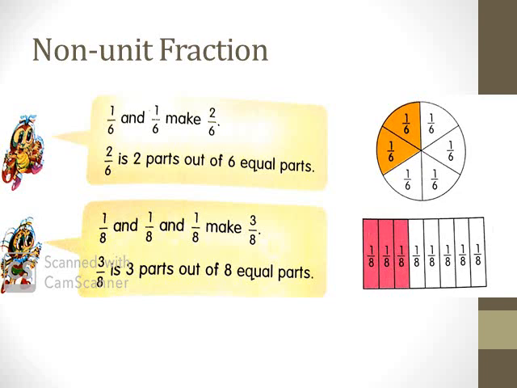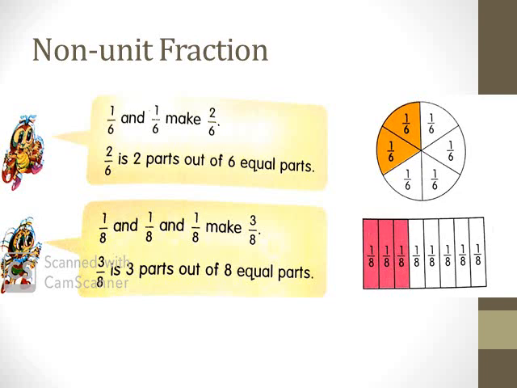So 1/6 is 1 equal part, and 1/6 is another equal part. These 2 parts are shaded, so 1/6 and 1/6 make how much? 2/6. So 2/6 is 2 parts out of 6 equal parts.